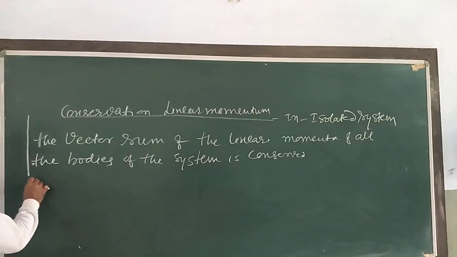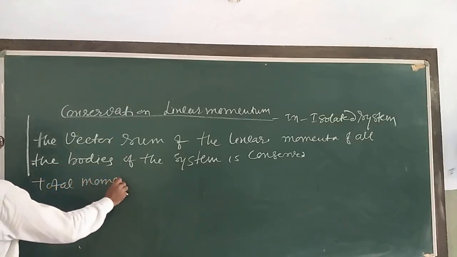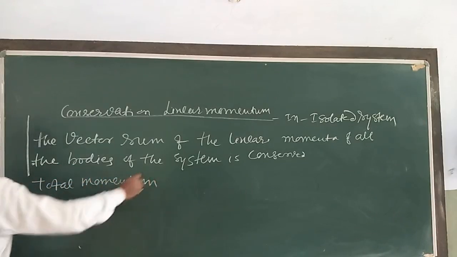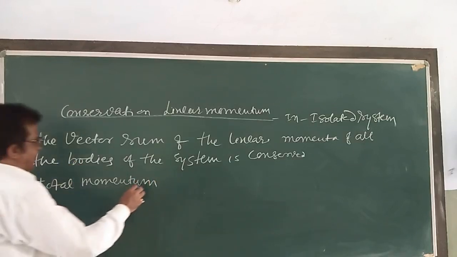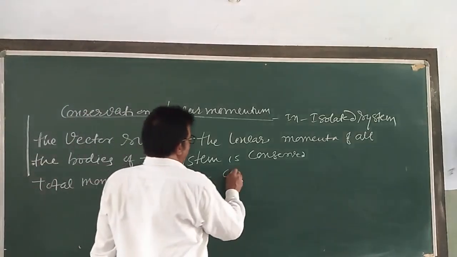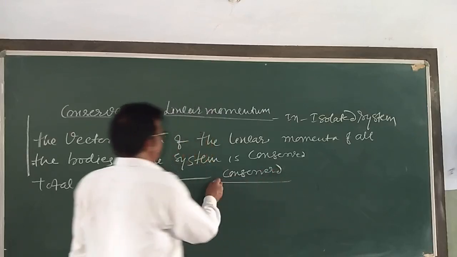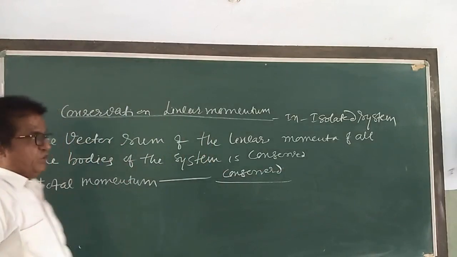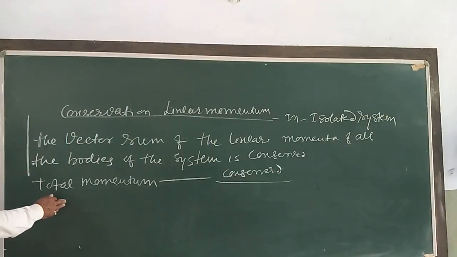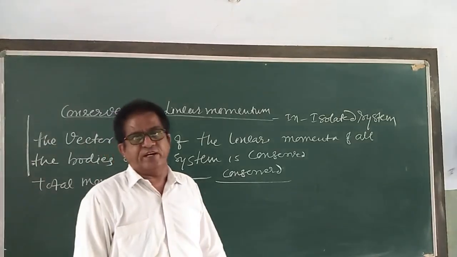The total momentum of an isolated system of interacting particles is conserved. Here, this we are going to prove. This is the important consequence of our Newton's second and third law of motion.